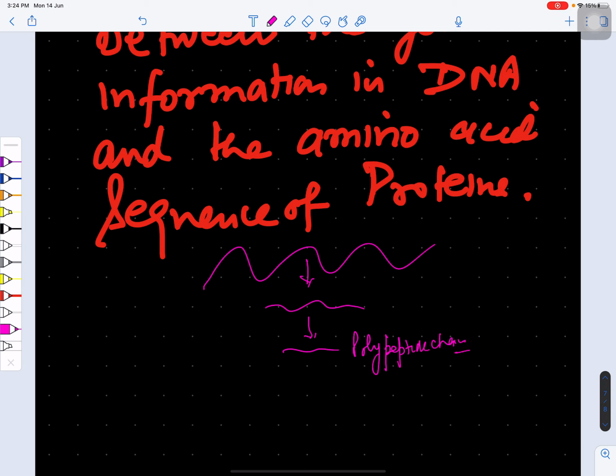So whatever genetic information or hereditary information is present here will be carried by messenger RNA in the form of a polypeptide chain. This is called transcription, and this process is called translation.